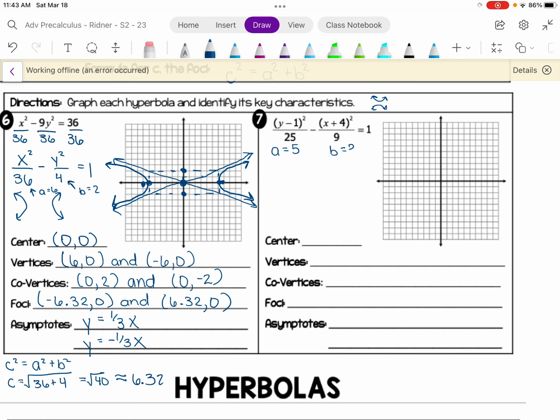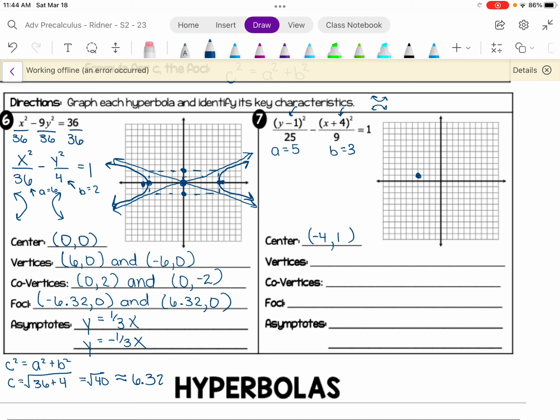B is 3. I know that because 5 squared is 25 and 3 squared is 9. My center, so x goes with x, y goes with y. So opposite of positive 4 is negative 4. Opposite of negative 1 is 1.